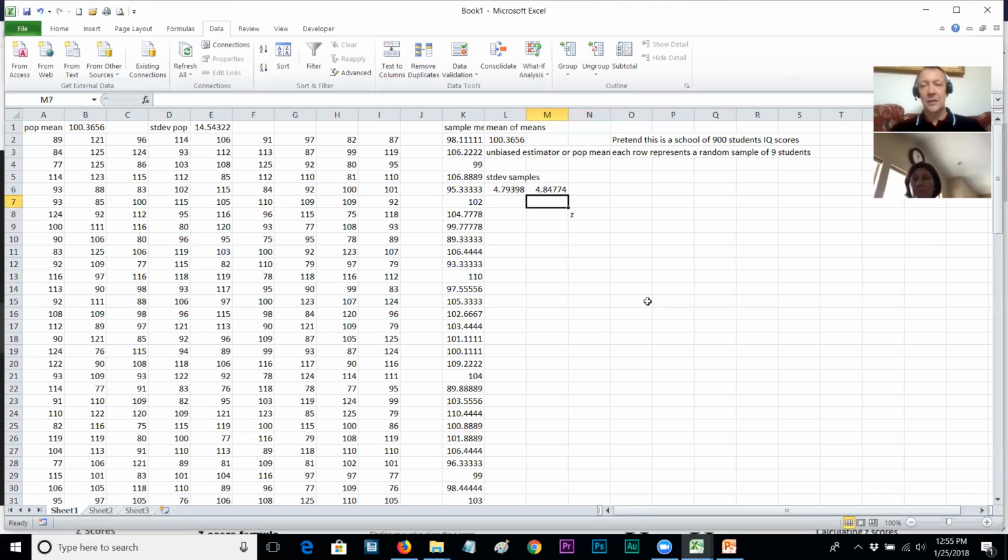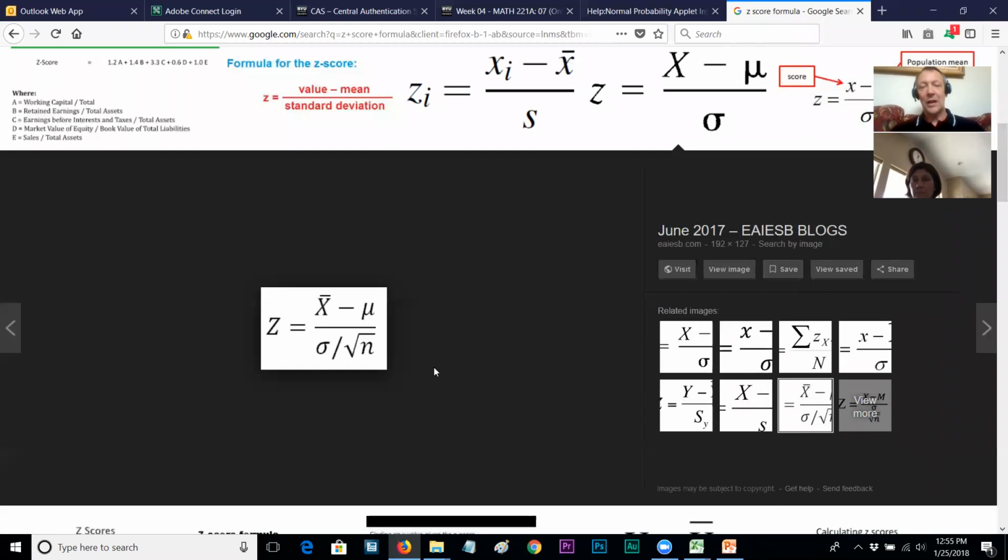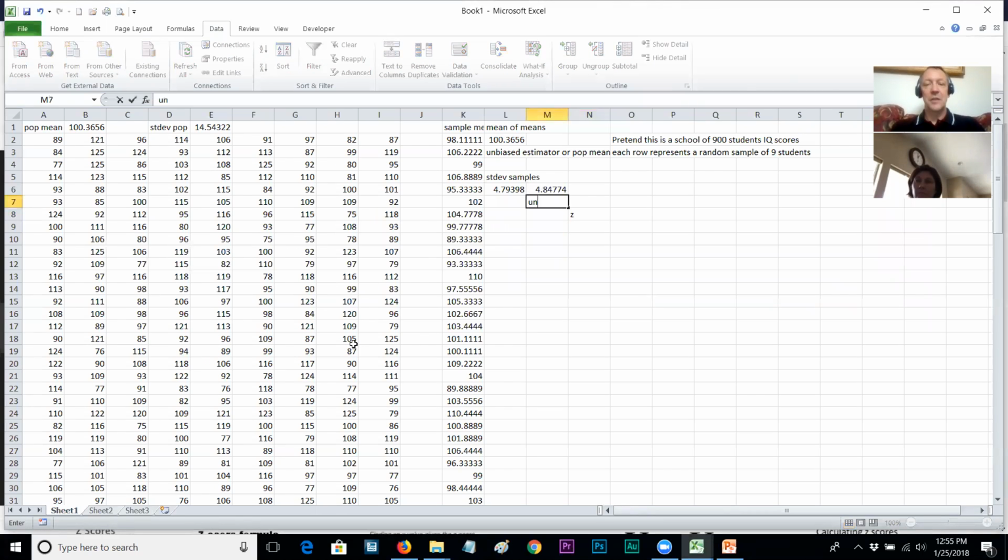And in fact, that's why we divide by the square root of n, because then this becomes an unbiased estimator of the standard deviation. Because now these are very close.